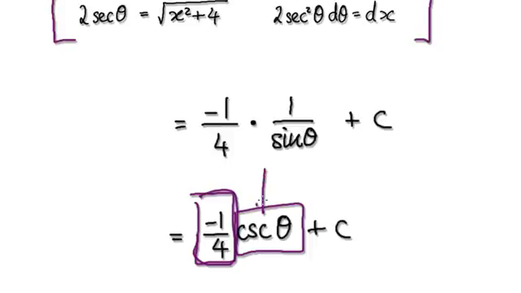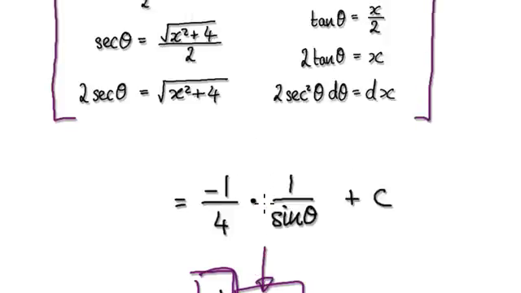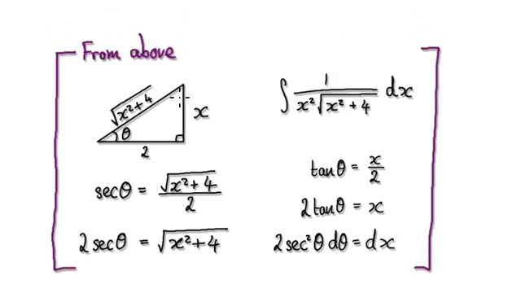Okay, so now if you look at cosecant, look at the diagram. Sine would be this. Cosecant would be this thing divided by this thing.